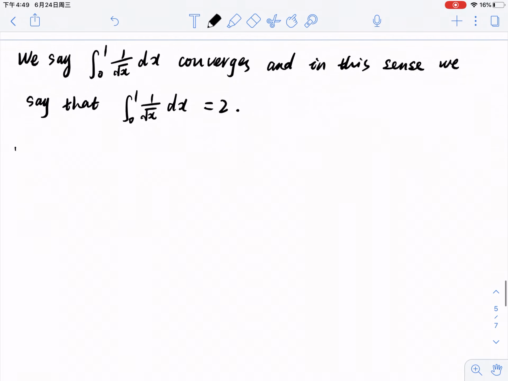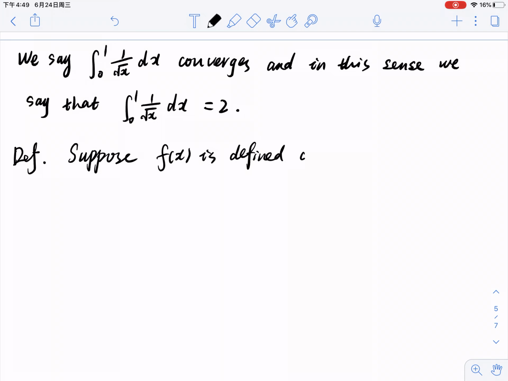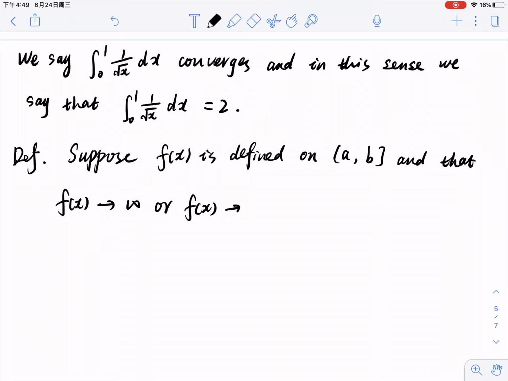Now let's introduce the definition. We suppose f(x) is defined on the interval from a to b, and that f(x) goes to infinity or f(x) goes to negative infinity as x goes to a from the right.